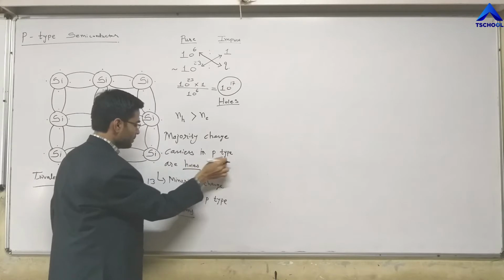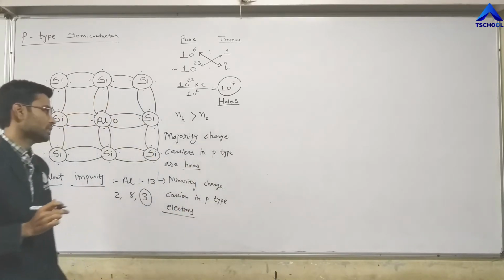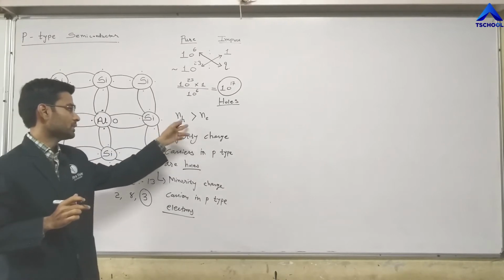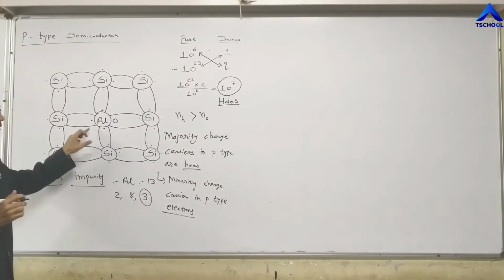Majority in p-type semiconductor are holes, and minority in p-type semiconductor are electrons. Number density of holes is greater than number density of electrons.